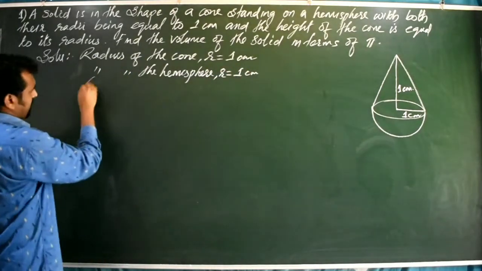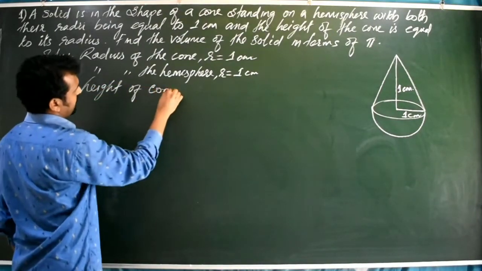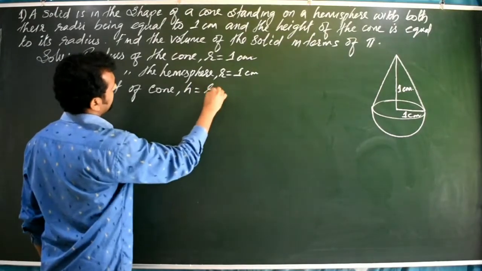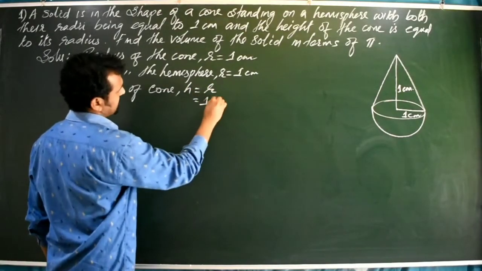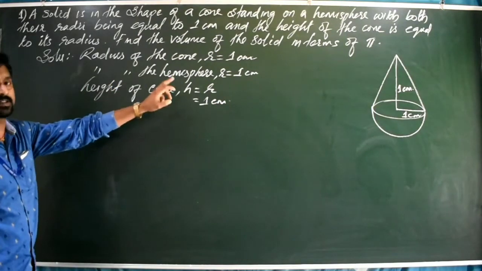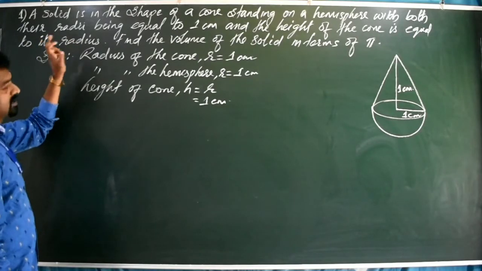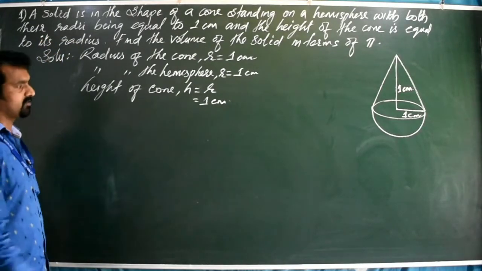Then height of the cone, h is equal to the radius of the cone, that is 1 centimeter. The height of the cone is its radius, it is given there, so r, 1 centimeter, will come.